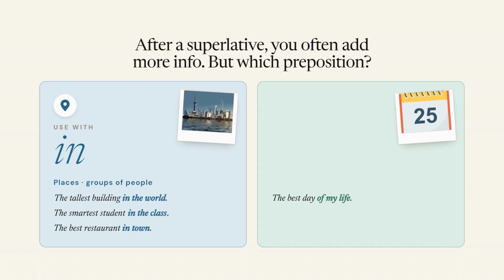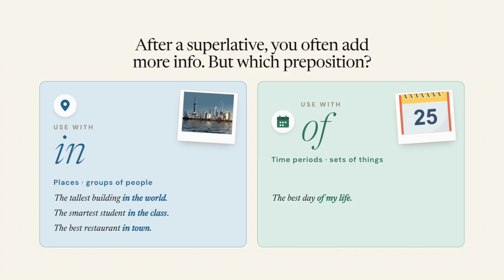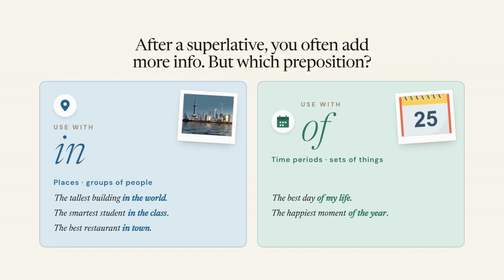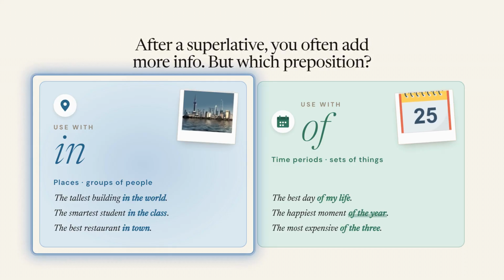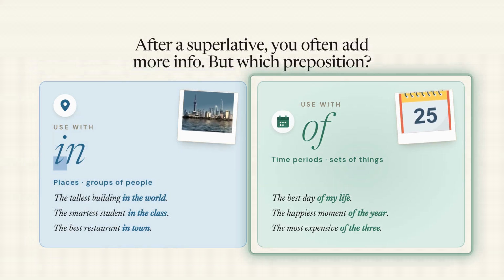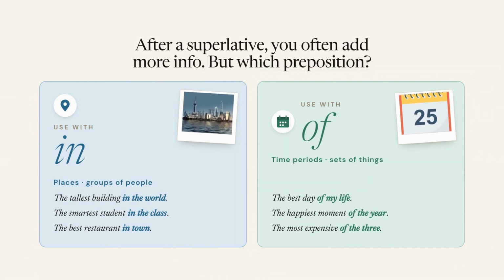If it's a location or a group of people, in. Use of for periods of time and for a number of things. The best day of my life. The happiest moment of the year. The most expensive of the three. So, in the class, but of the year. Place or group, use in. Time or a set of items, use of. Listen for it from now on and it'll start to click.